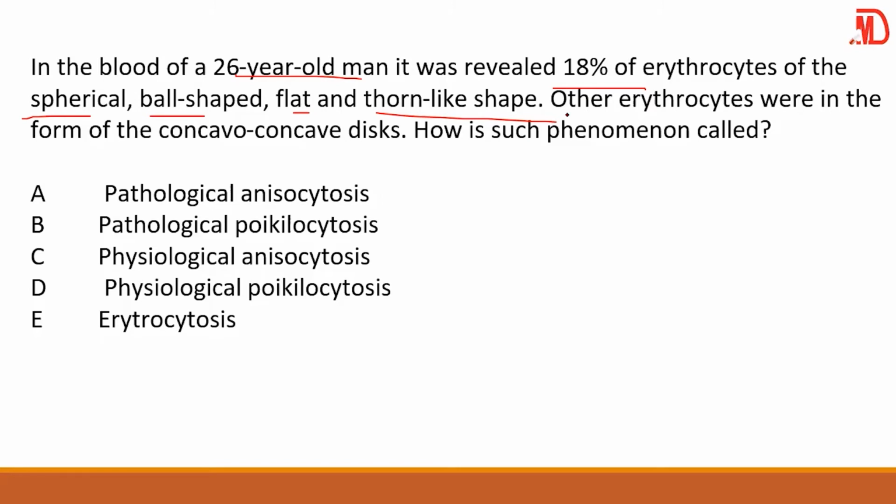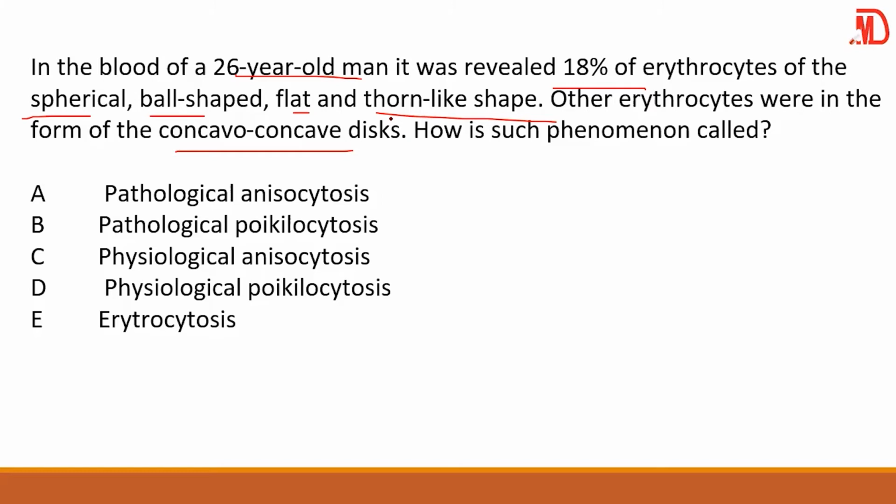Now, there are other erythrocytes of normal form, which is the biconcave, concave disc. But over here, 18% of them have poikilocytosis. So the question is, how is such a phenomenon called? Having a small percentage of the cells being poikilocytosis is not really a cause for alarm.